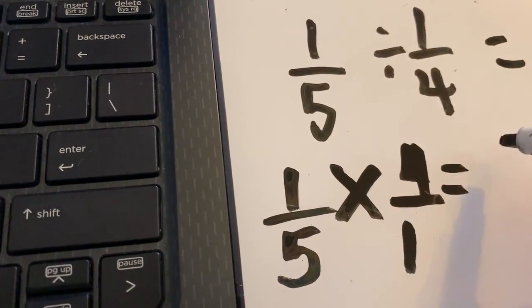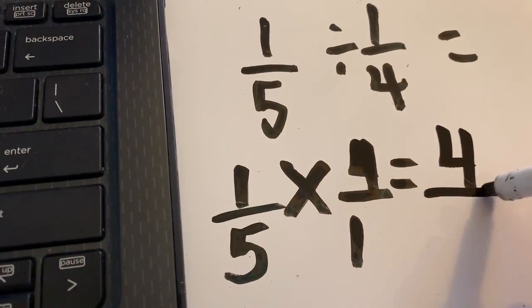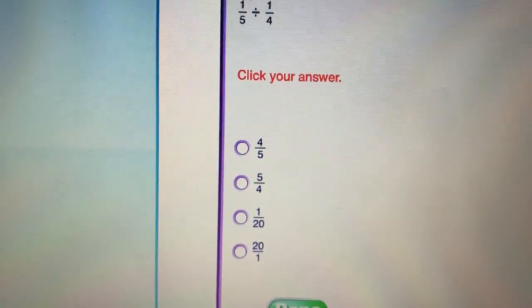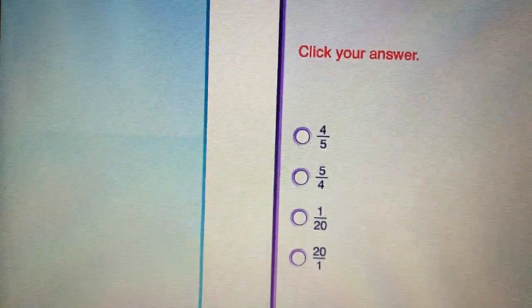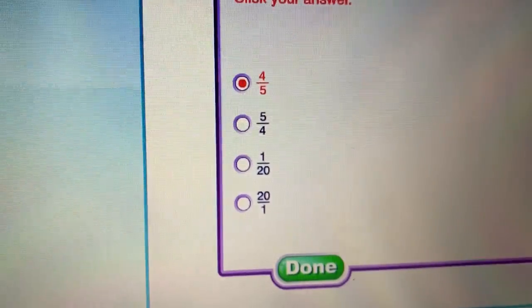And then I'm going to multiply straight across. 1 times 4 is 4. 5 times 1 is 5. And my answer is 4/5. And if I look here, I got to remember my answer is 4/5. Oh no, I'm good. 4/5. All right.